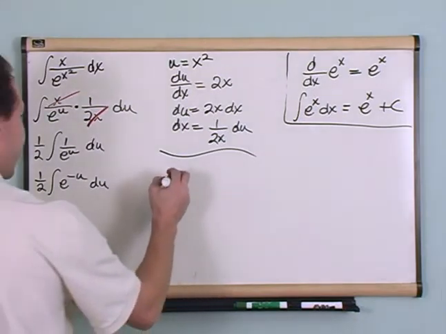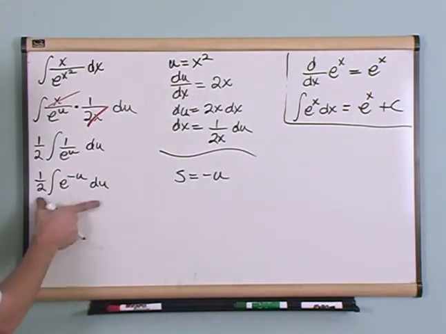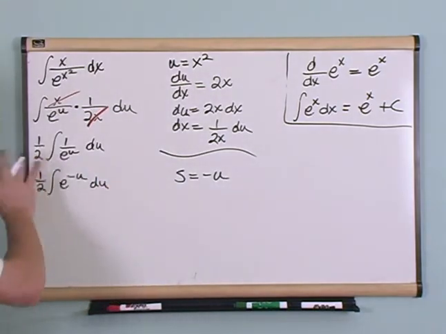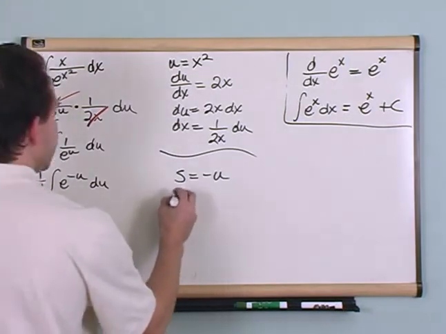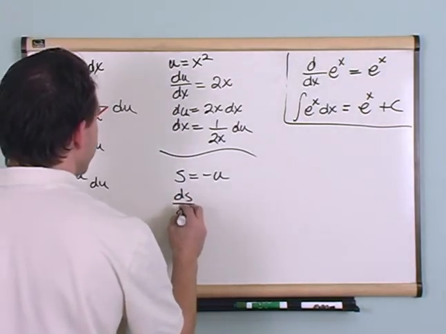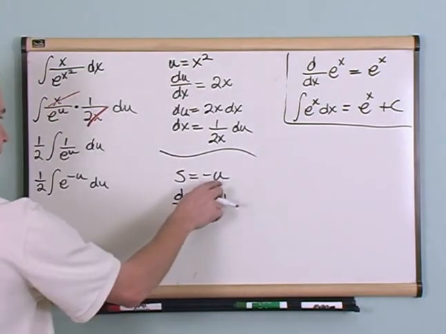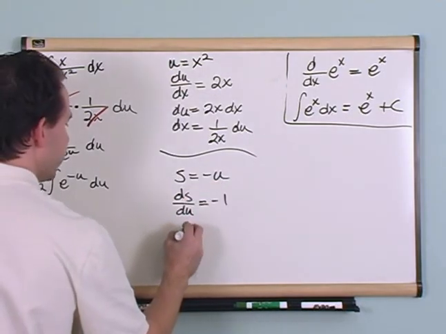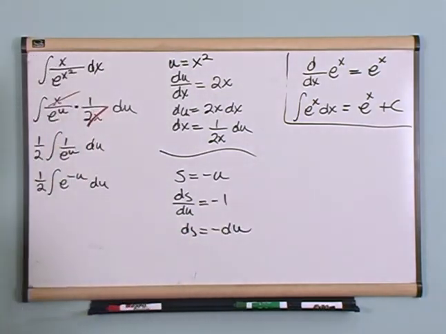So I'm going to use the variable s. s is equal to negative u. I'm just doing another substitution as if this were the original problem. So to start over, you've gotten to this point, figure out what this is. ds du, the derivative of s with respect to u, is just negative 1. Derivative of this is negative 1. So then ds is equal to negative du. Okay?